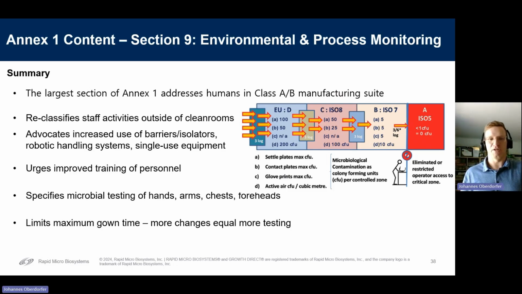Then it is emphasized to use more barriers and isolator systems, robot handling, so getting the people out of there. It urged the improvement and training of the personnel, specifies microbial testing of hands, arms, chest, foreheads, and limits maximum gown time. So this is what it emphasized. More change that also equals more testing.